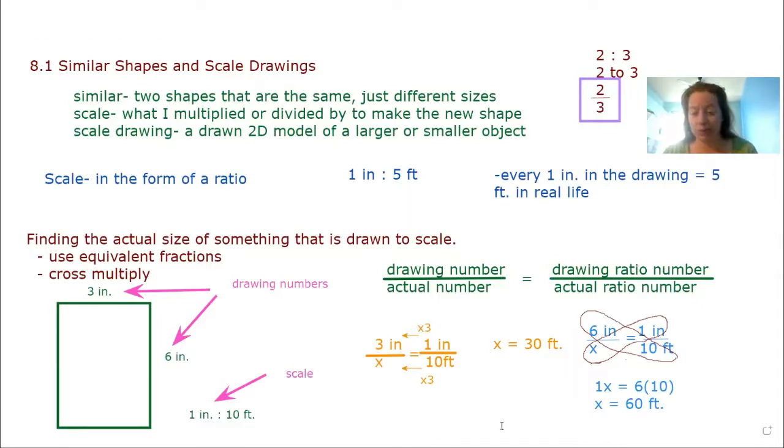You can do it the other way too. I can tell you what the actual thing is that you're supposed to be drawing, and you can use exactly the same equation to figure out what size your shape should be in your drawing, how large you should make your drawing.